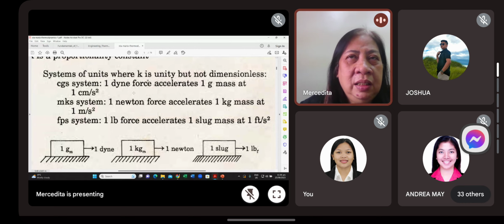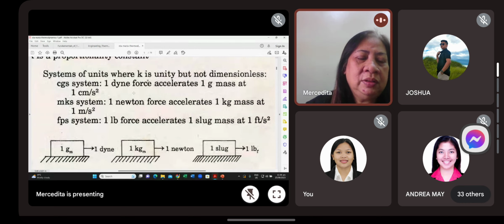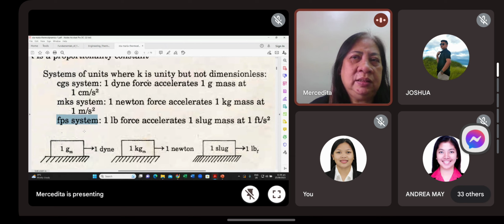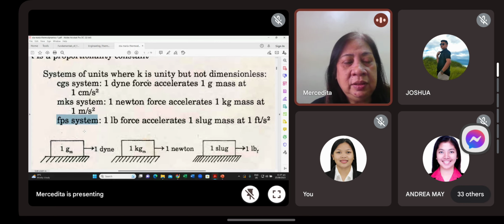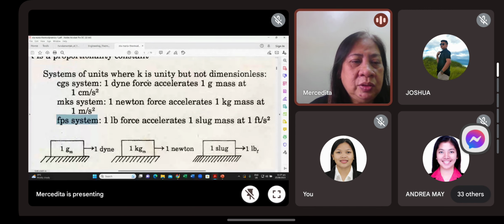So, we have here the three system of units. Yung baba is English units. So, ang tawag niya is FPS system. This is foot pound seconds. So, that is unit ng length, unit ng mass, and unit ng time. Yung sunod is MKS. So, this is yung metric natin. Sa metric, this is meter, this is kilogram, and this is seconds.